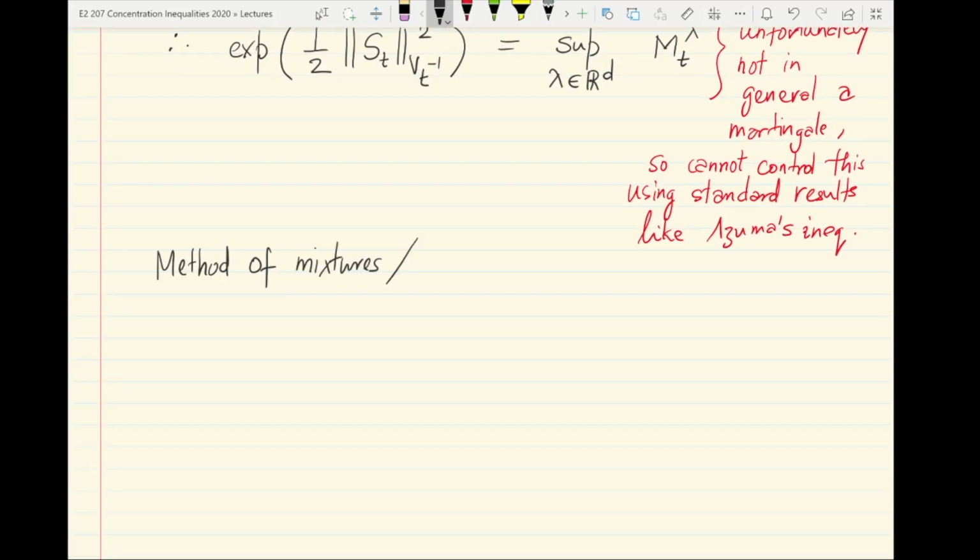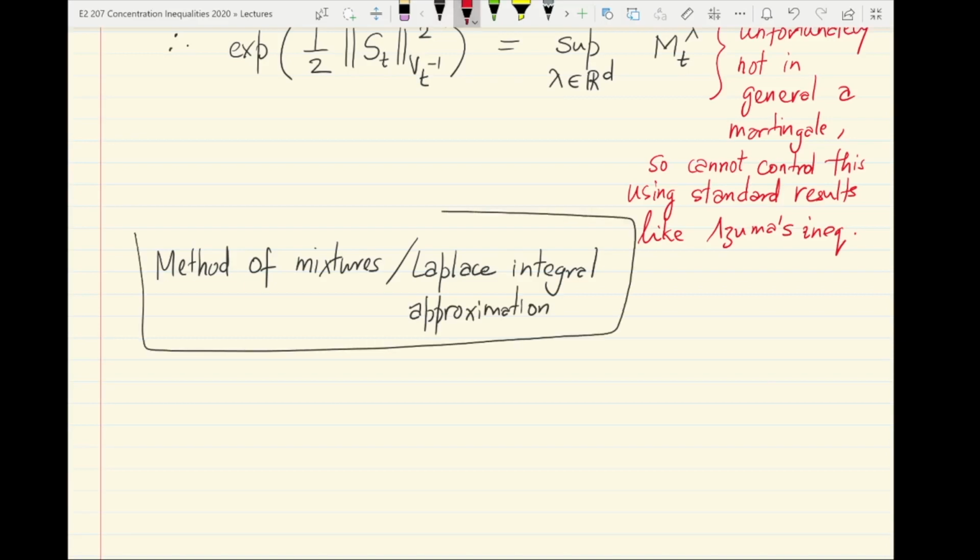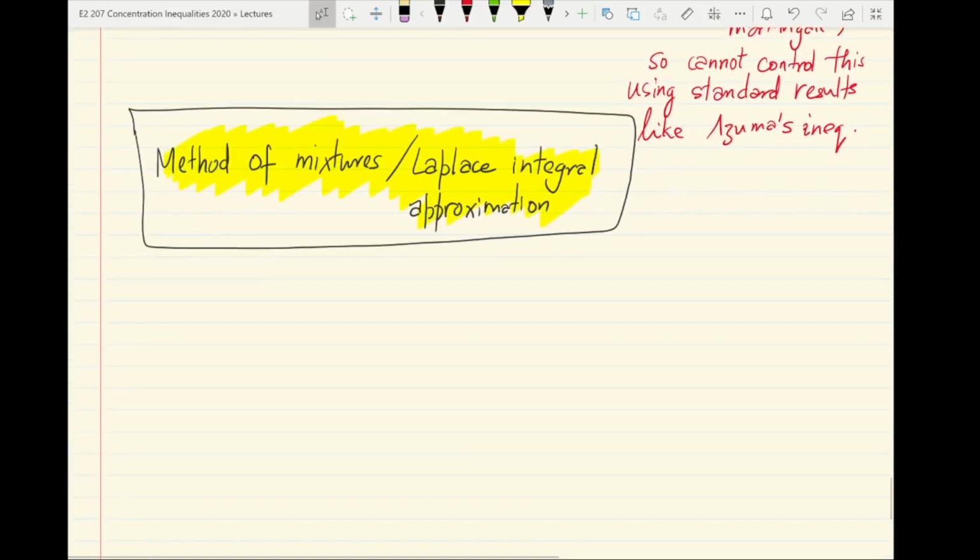You can really view it as an instance of what is called the Laplace integral approximation. Okay, so what is this Laplace integral approximation or Laplace integral formula?